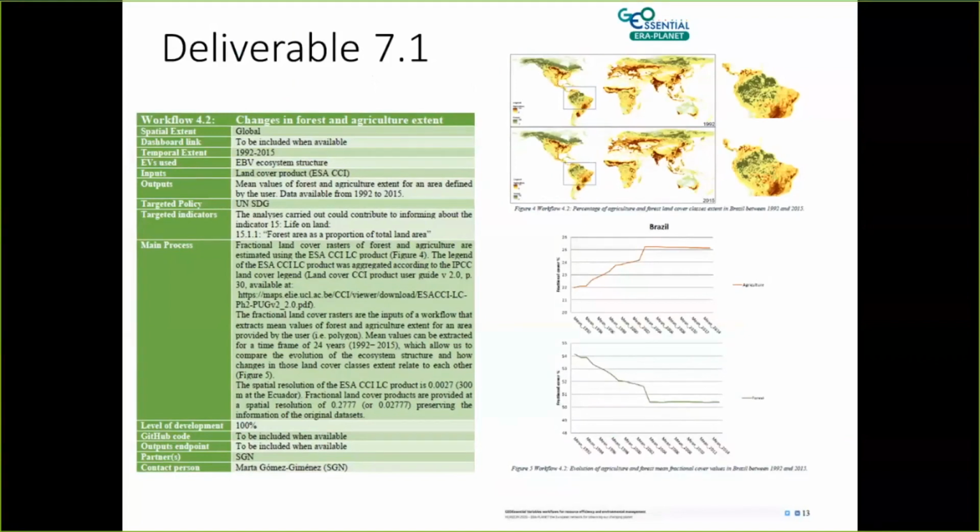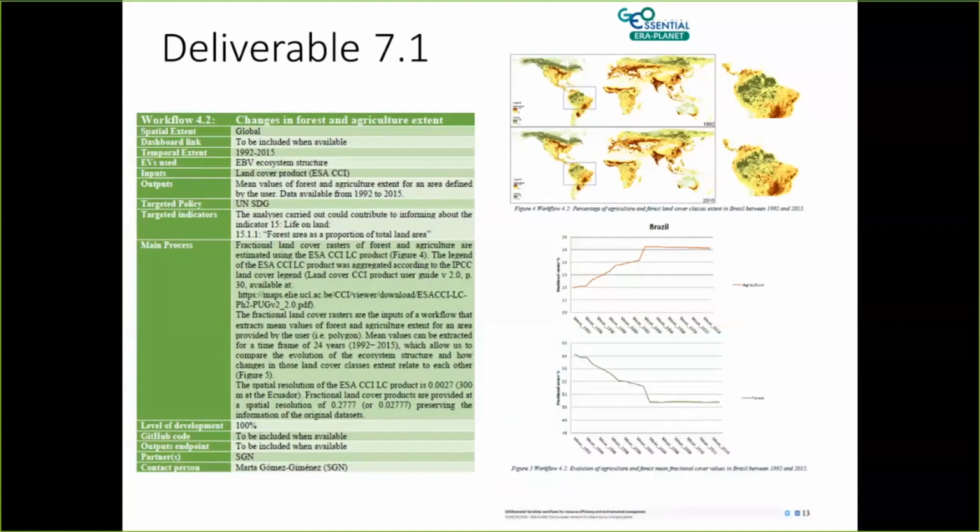And in particular, this workflow allows to estimate mean values of agriculture and forest fractional cover classes between 1992 and 2015, as you can see.